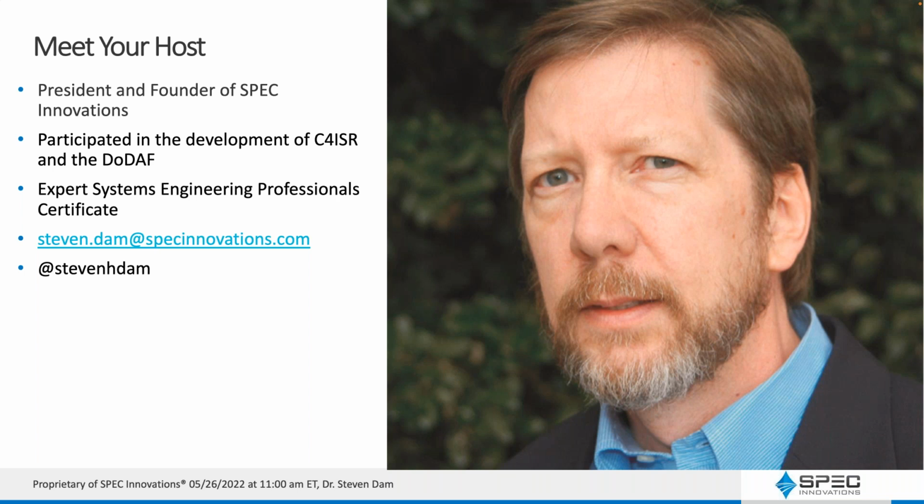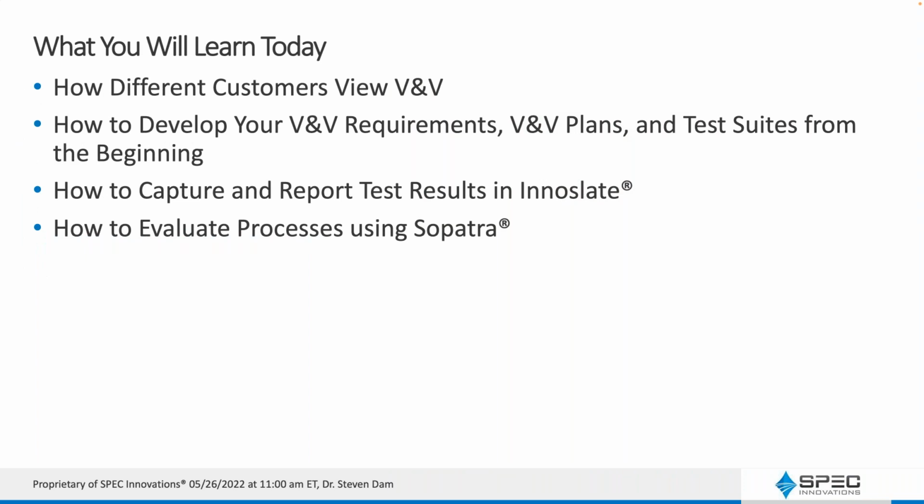Thanks, Elizabeth. I'm going to start off with a little bit about how different customers view V&V, get us into the thought processes and some of the terminology, and then get into how we can develop V&V requirements, V&V plans, and test suites from the beginning. That's been a big push that we've been advocating: trying to do a lot of your V&V up front, or at least setting up for your V&V up front, I should say.